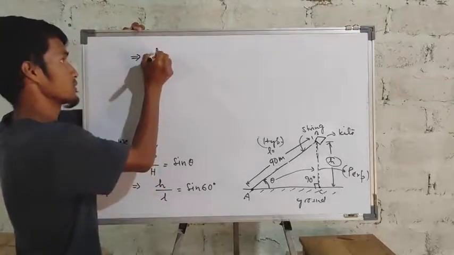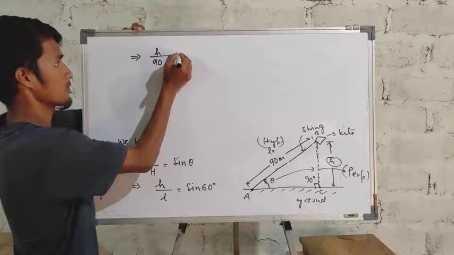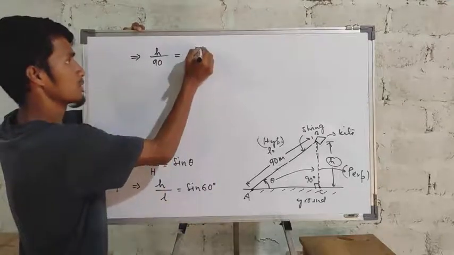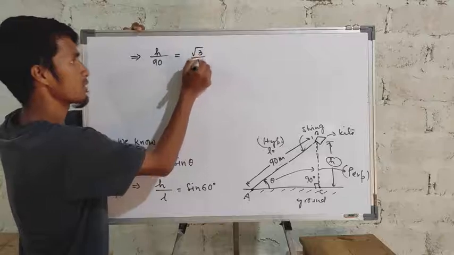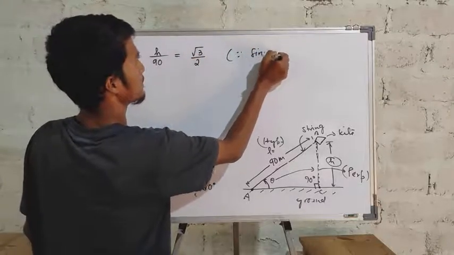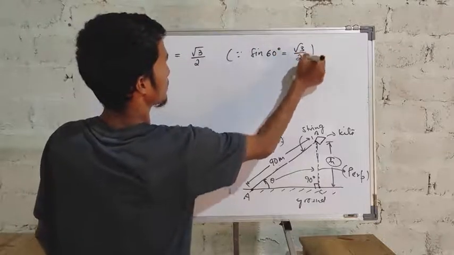We need to find h. Then L is 90 meter, theta is 60, so sine 60. Sine 60 is root 3 by 2, since sine 60 is equal to root 3 by 2.